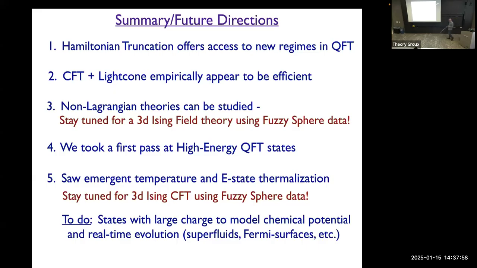Other things we can do, which we have not done, is think about other quantum numbers, not just large energies, but also large charges. So we can model chemical potentials. We can, in principle, try to understand superfluids, Fermi surfaces, and all this kind of thing. But it just requires working in a sector of a particular large fixed charge.